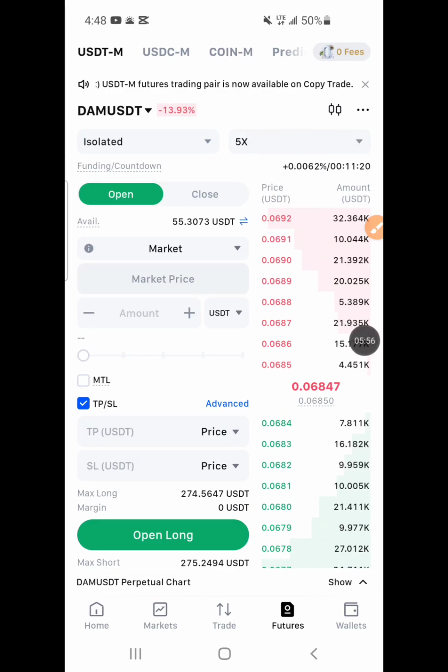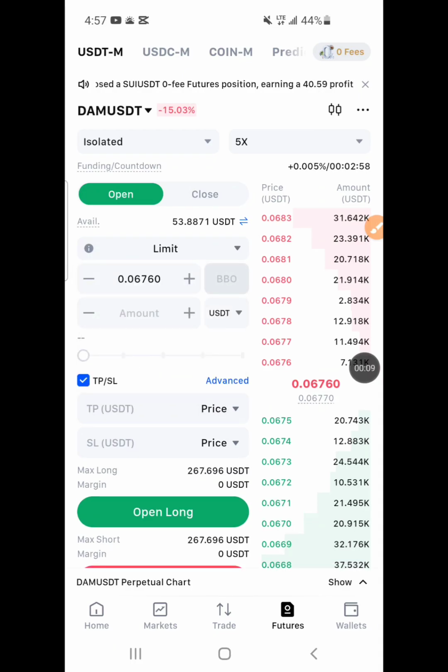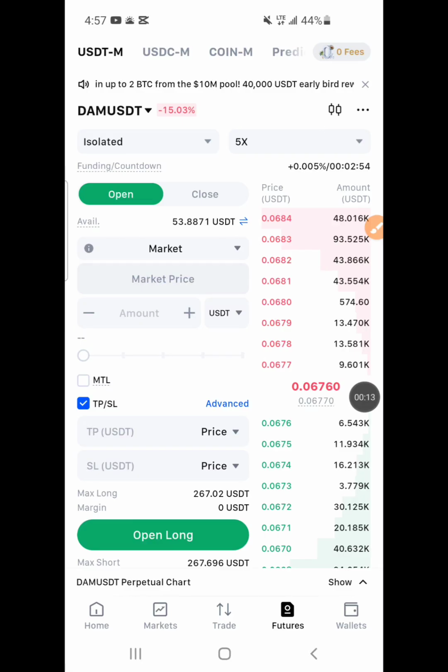It is very, very advisable as a newbie to use a very low leverage. On this place that is showing markets, yours is going to be showing limits. Okay, so make sure you come over to this place and change it to market, because it's very, very important. Never leave it as limits, change it to market.